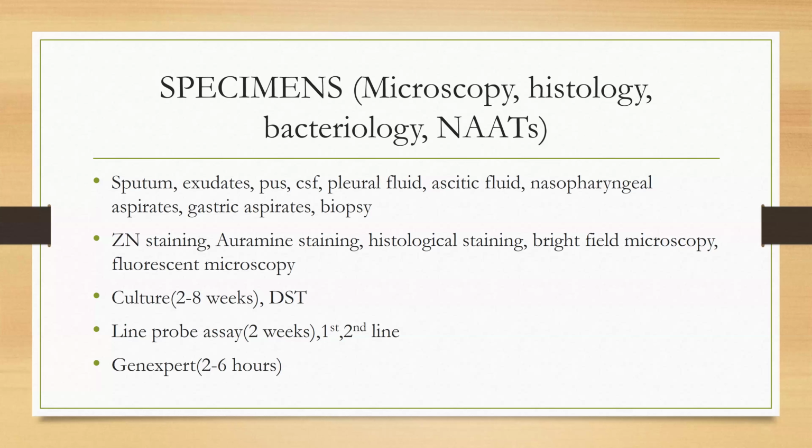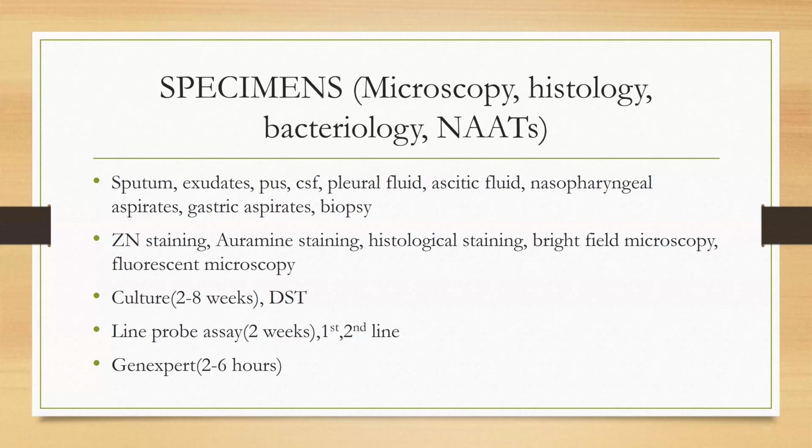Then we can also do culture, as we have said, but culture will take 2 to 8 weeks, and this is especially when we want to do drug sensitivity testing. We can also do what we call a line probe assay. This is also an example of a nucleic acid amplification test.